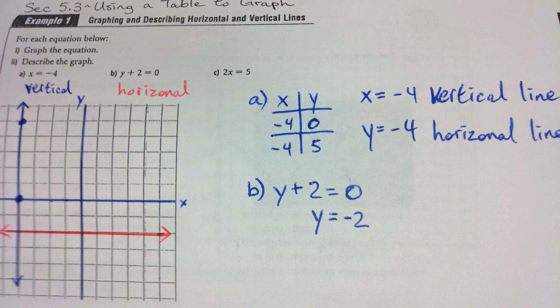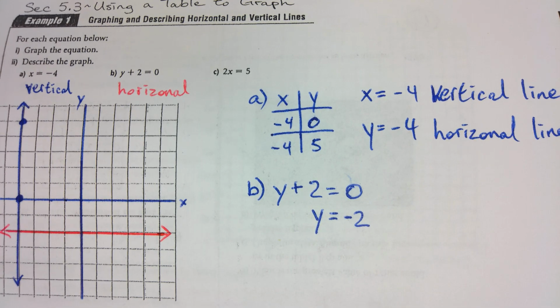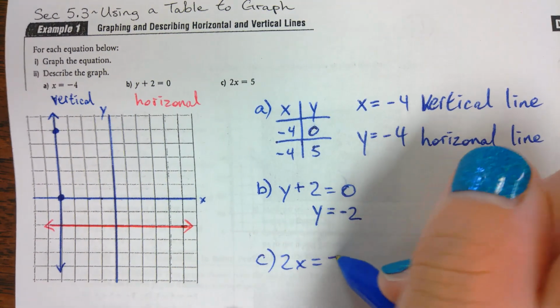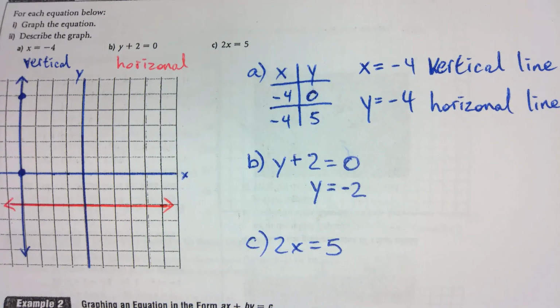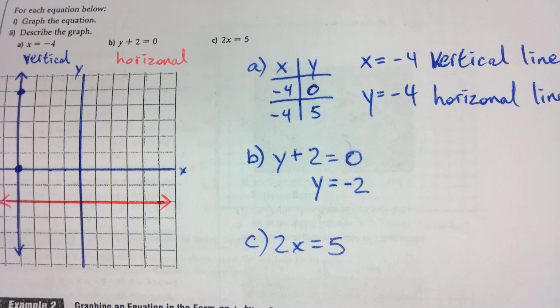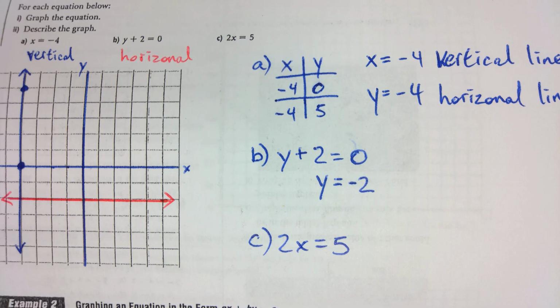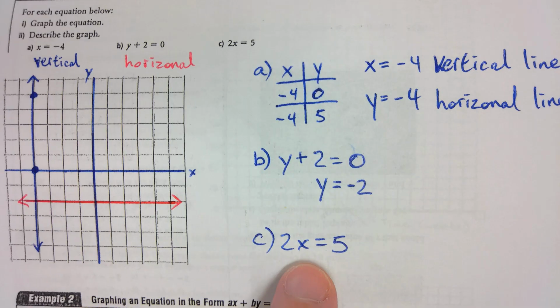Okay. And then the next one right here, 2x equals 5. Just right off the bat, can you tell me, is it a vertical line or a horizontal line? Who says this will give me a vertical line?